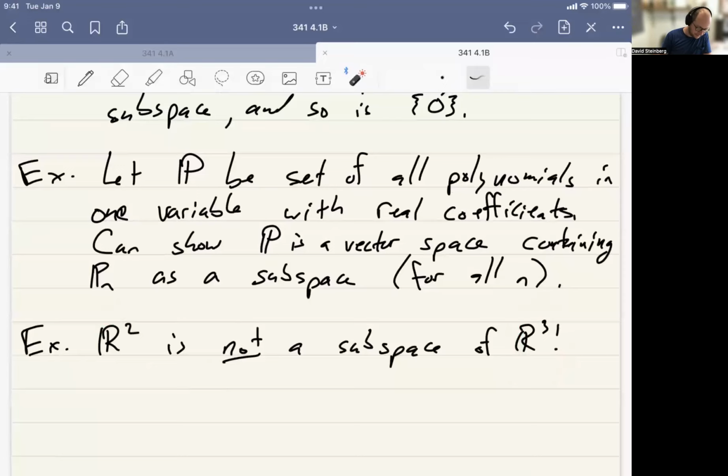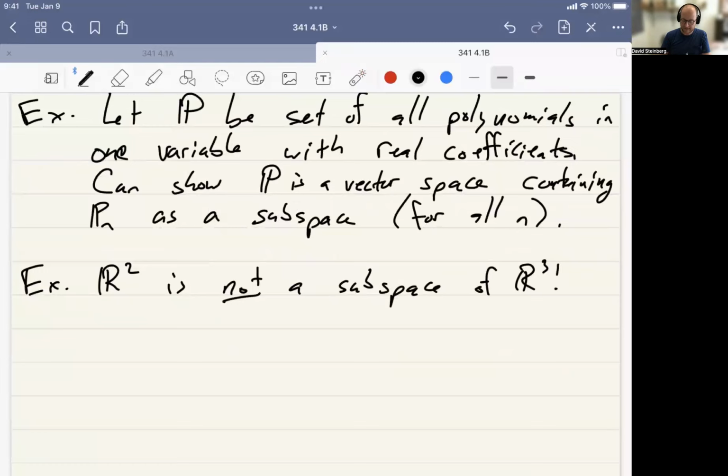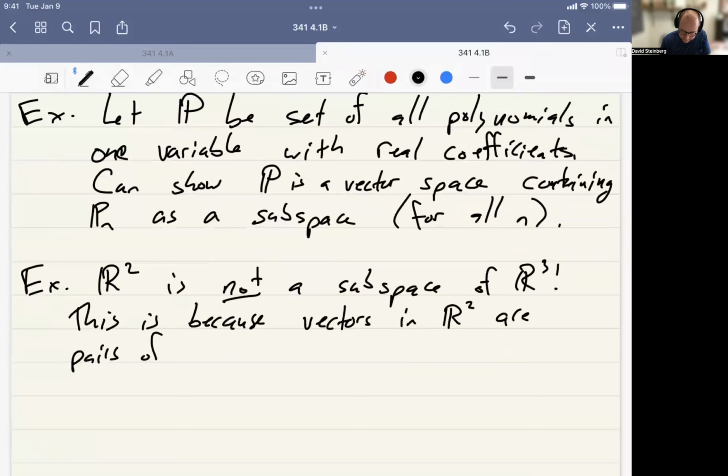So let's write down some of what I just said. This is because vectors in R2 are pairs of numbers and vectors in R3 are triples.